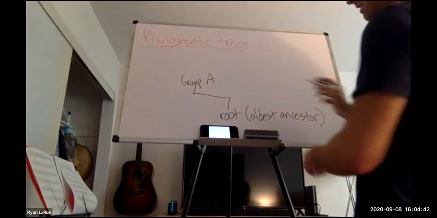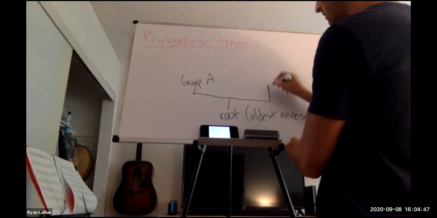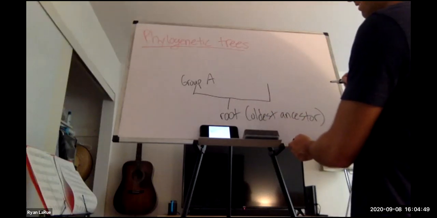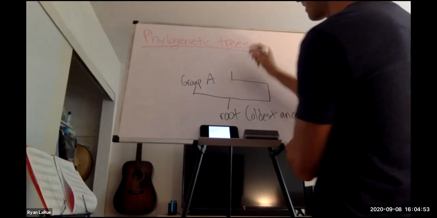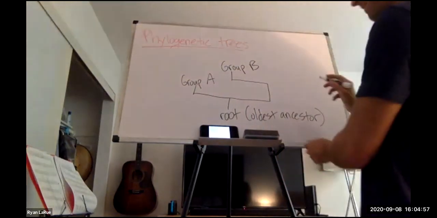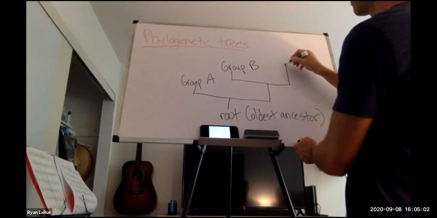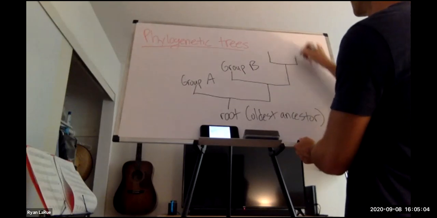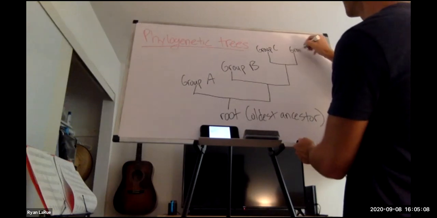And this will be, let's call it group A. Branch off here as well. Go here, branch again. This is group B. And then we'll just do one more. This will be group C and group D.